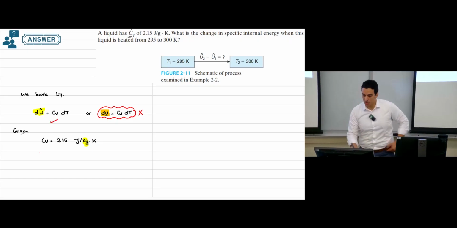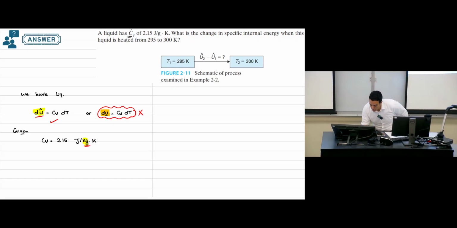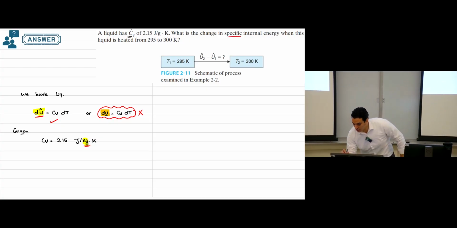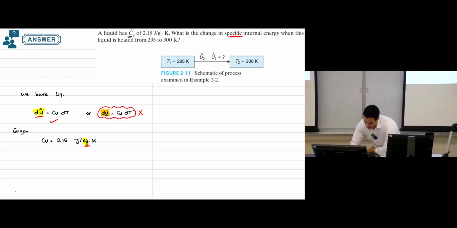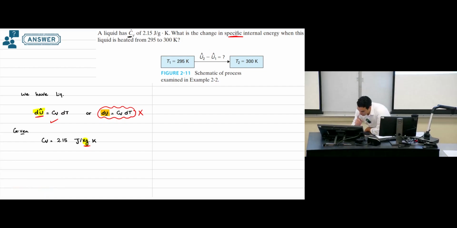So how do I know this is the correct equation? Just look at the Cv value expressed per mass. If you put it in, you will calculate the specific internal energy. And this is what you need to find at the end, as the question says to calculate the specific internal energy. So we have du as Cv dT, then by integration, delta U is the integral of Cv dT from the initial temperature to the final temperature.